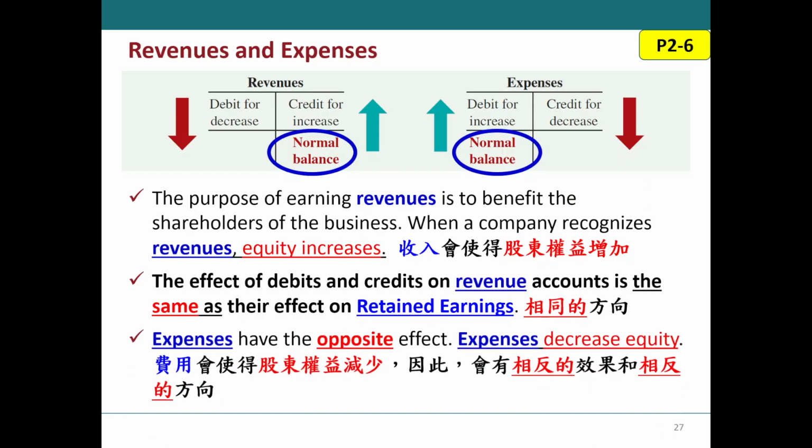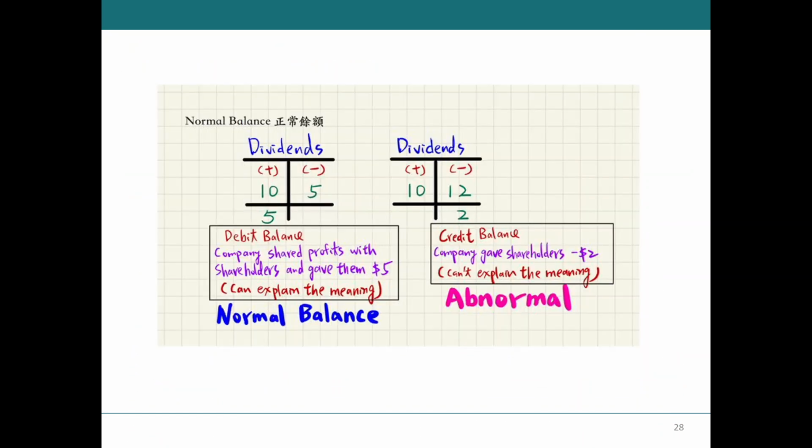Okay, dividends. Can anyone explain dividends for me? Who's the lucky girl? Amber. Hi, Amber. Don't be too scared. Dividends, $5, I'll help you. Here $5 and here $2. $5 means plus 5, $2 means negative 2.